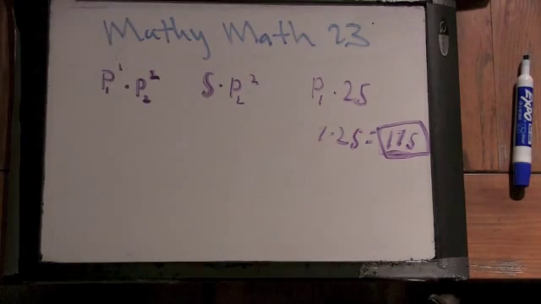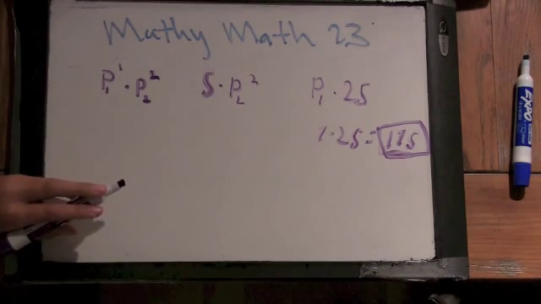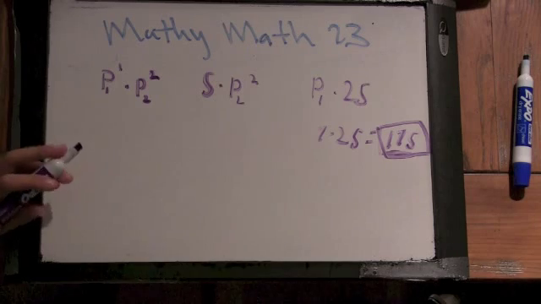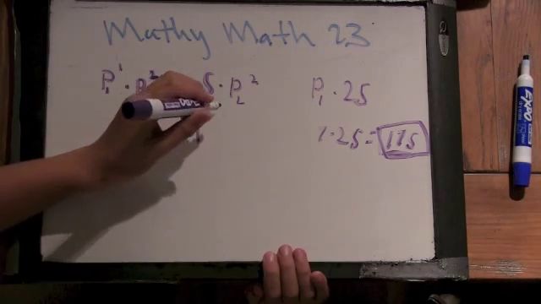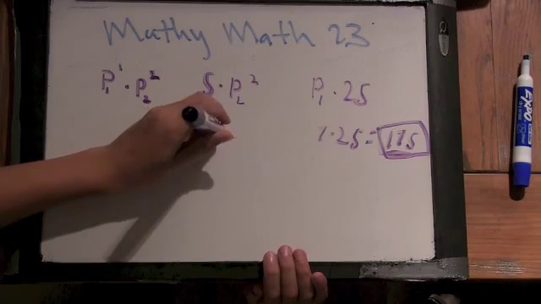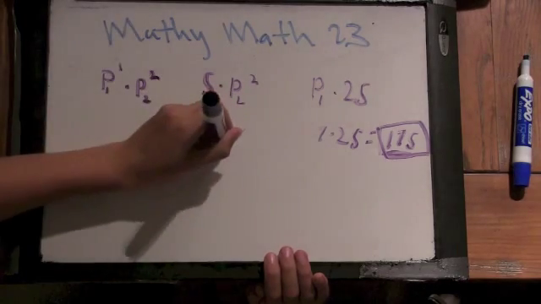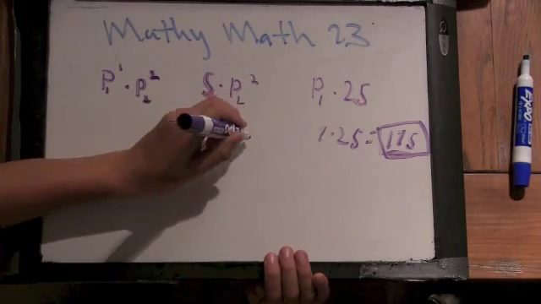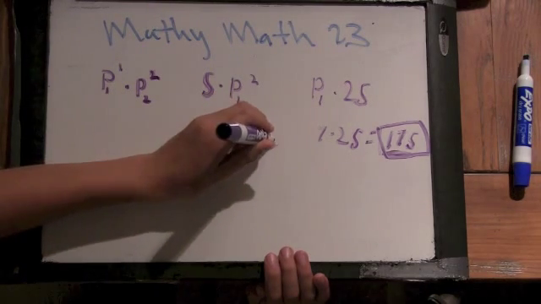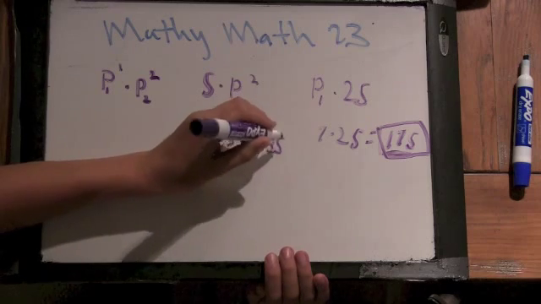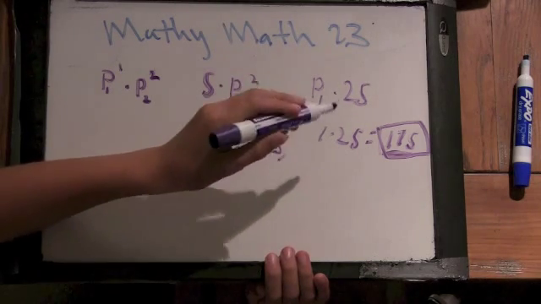You can have none of each, so 1. You can have one 7, or one 5, two 5s, a 5 and a 7, and then two 5s and a 7.